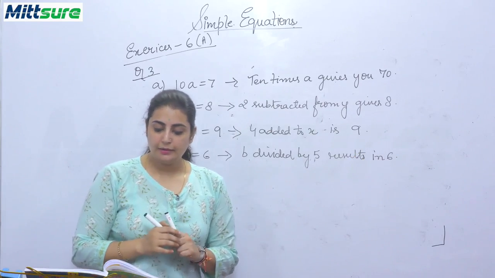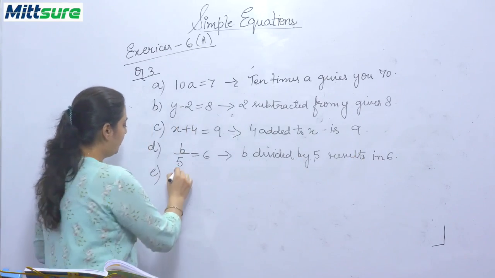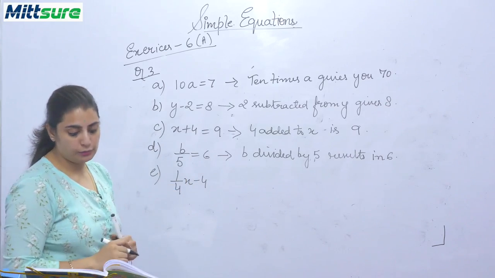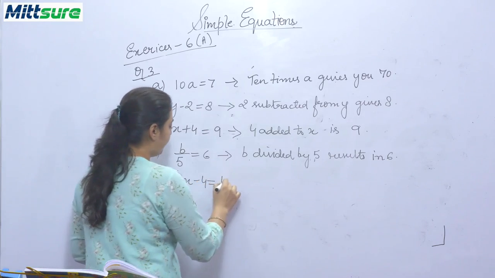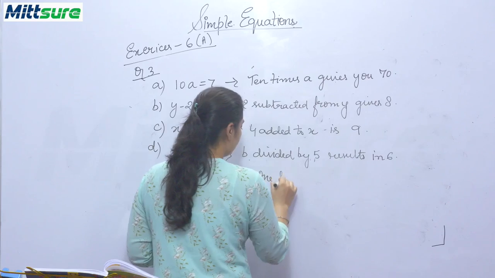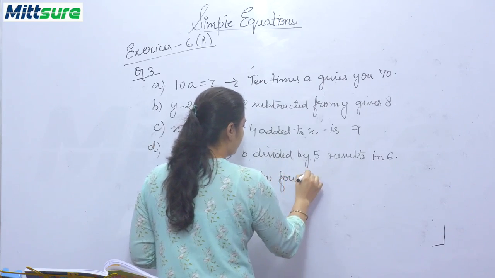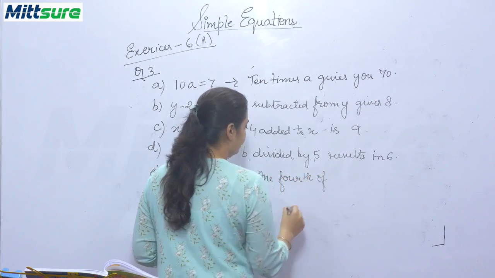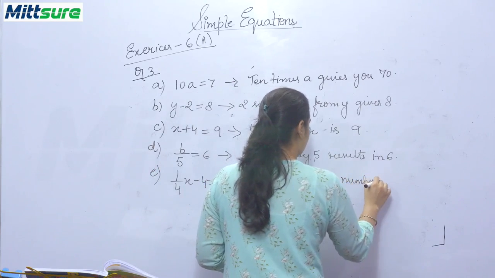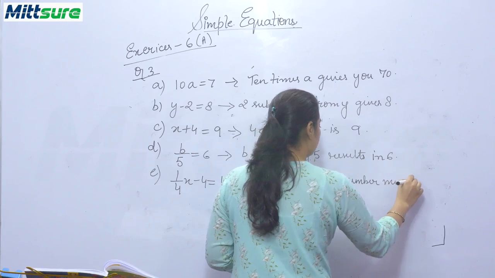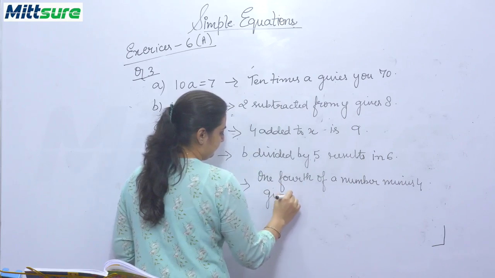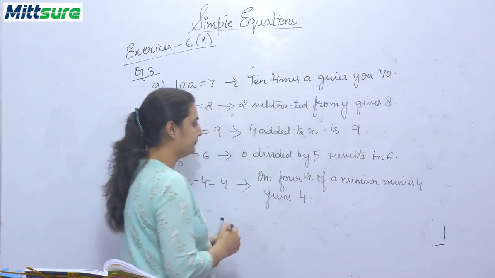E says 1 upon 4x minus 4, 1 upon 4x minus 4 equals 4. Now, 1/4 of a number minus 4 gives 4.